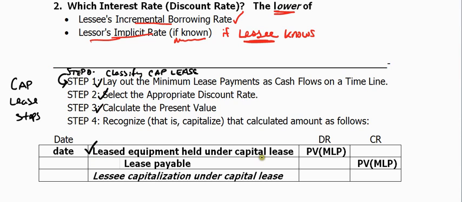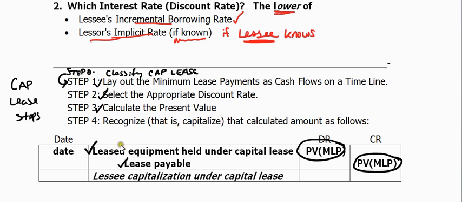Leased equipment held under capital lease, and the amount capitalized is the present value of the minimum lease payments. Because we are going to debit an asset, we have to credit something else, either another asset or, in this case, recognize a liability. This is why it's a capital lease: we're capitalizing a long-term asset.